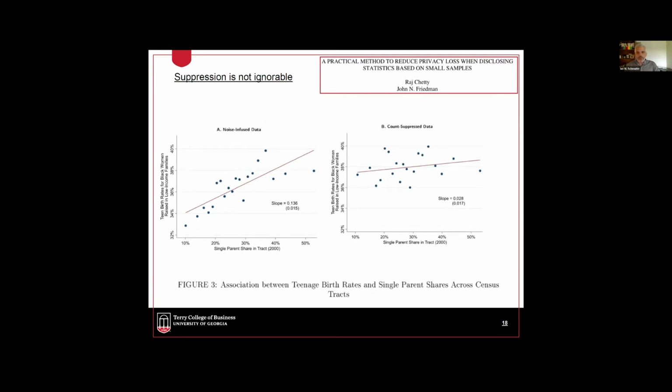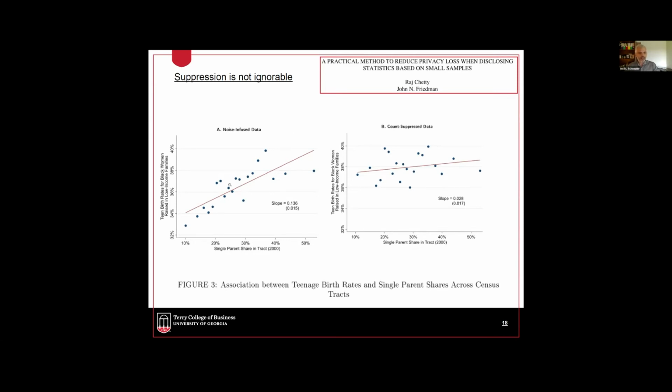In a paper that I'll talk about a little more in my second talk, Chetty and Friedman introduce a method of privacy protection that they used to publish a data set called the Opportunity Atlas. They were quick to point out that if instead of using the formal privacy model they set up, they had used a count suppression rule, it would in fact destroy inferences on certain questions that might be of interest to social science researchers.